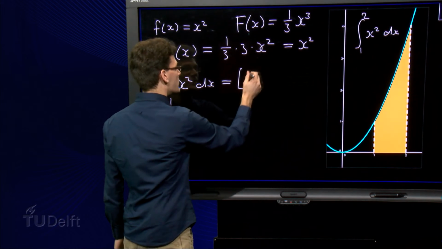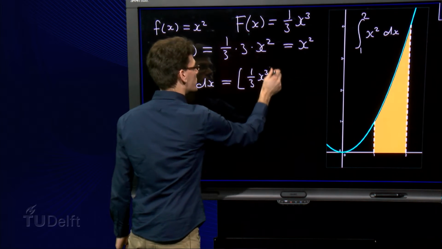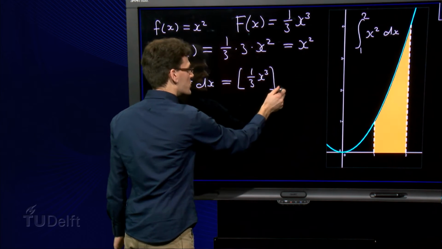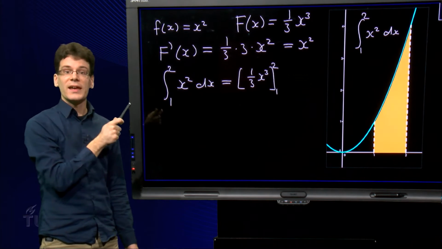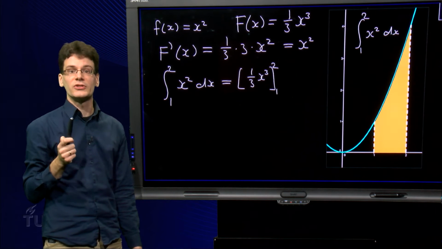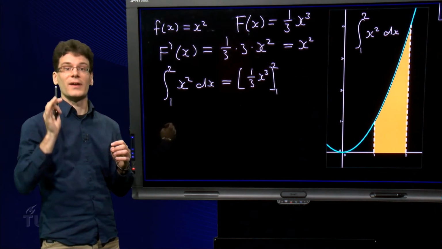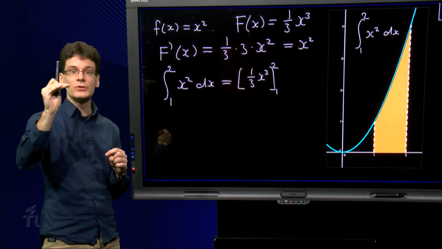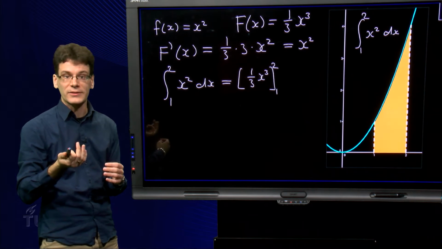Open with a square bracket, put the primitive function here, 1/3 times x cubed, and then put the boundaries here. This notation means precisely what I just said. Take the function 1/3 times x cubed, evaluate at the upper boundary x equal to 2, evaluate at the lower boundary x equal to 1, and subtract.